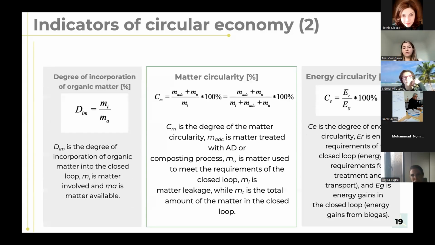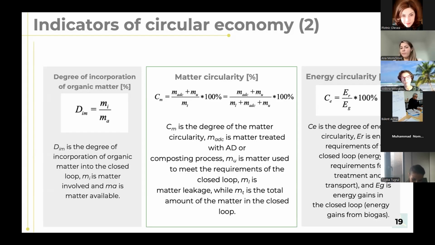So there was also a degree of incorporation of organic matter. So we had the amount of organic waste that is generated. We wanted to know how much of organic waste we can actually put in a closed loop. Also, we have done matter circularity.